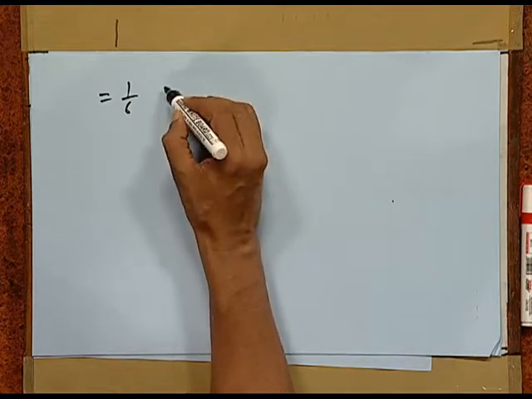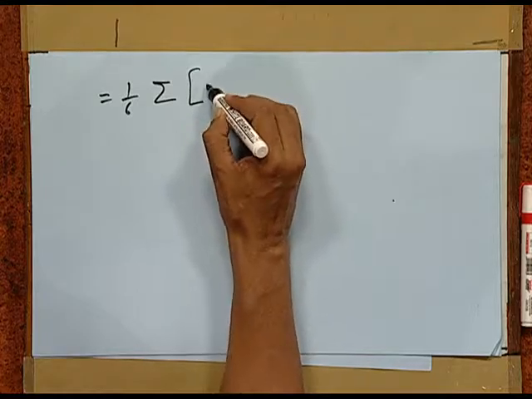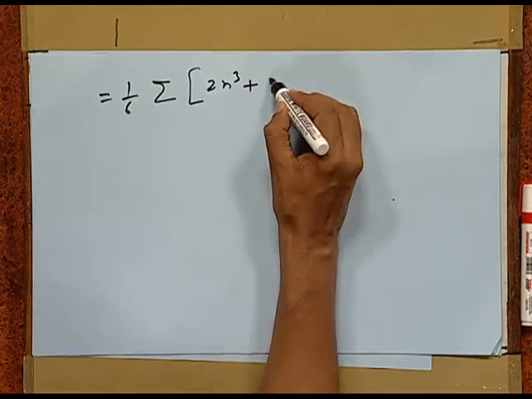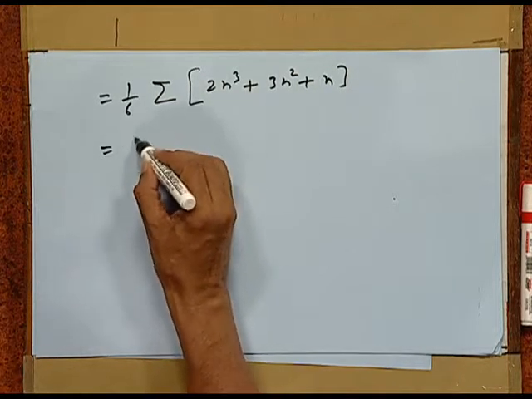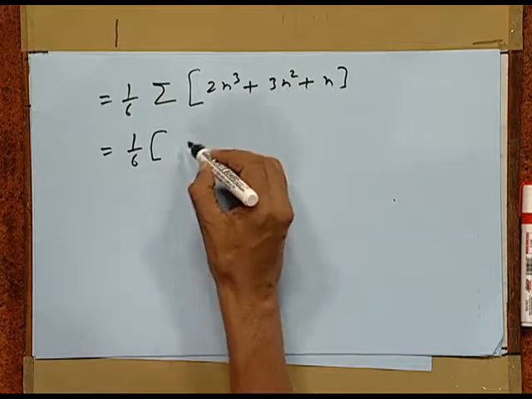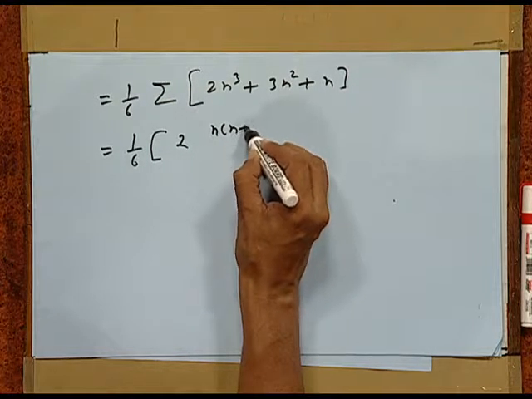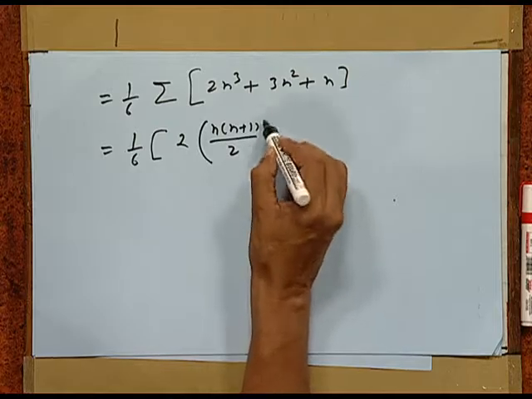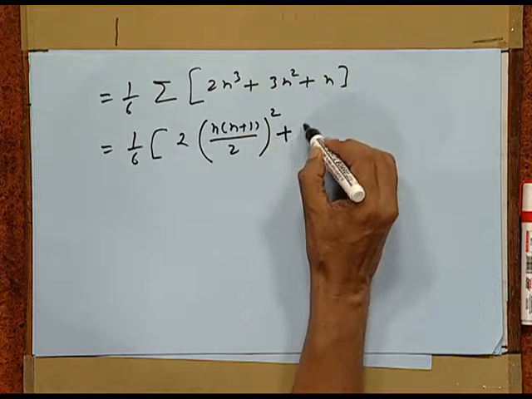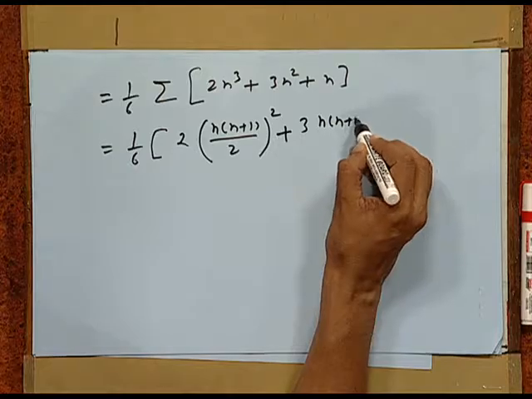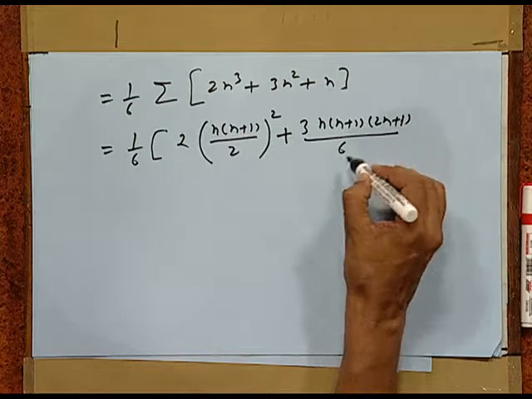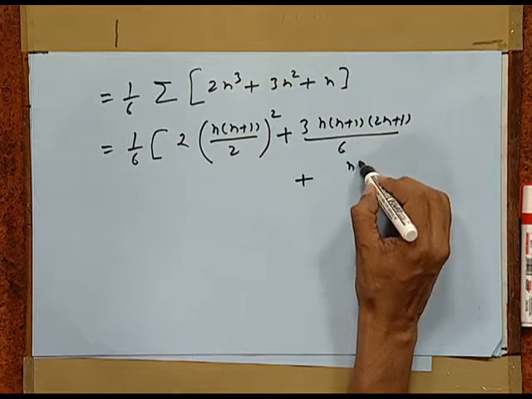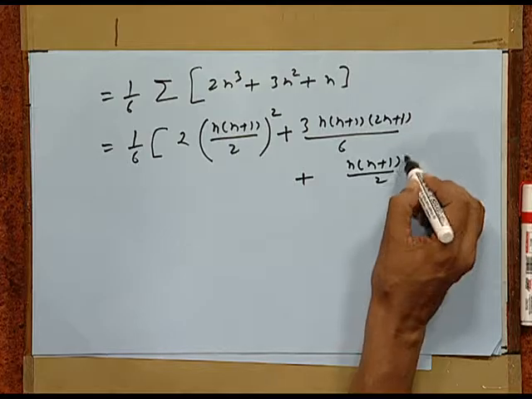This equals 1 upon 6 times sigma of 2n cube plus 3n square plus n, which equals 1 by 6 times 2 times n times n plus 1 by 2 whole square plus 3 times n times n plus 1 times 2n plus 1 by 6 plus n times n plus 1 by 2.